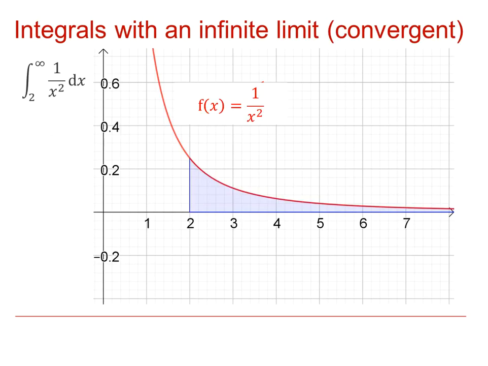I'm going to use this example to illustrate the method that we use. This is the function f of x equals 1 over x squared. Now we know that as x approaches infinity, 1 over x squared approaches 0. So the height of the graph here is going to get closer and closer to 0.